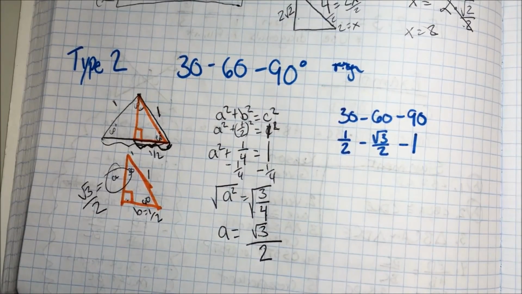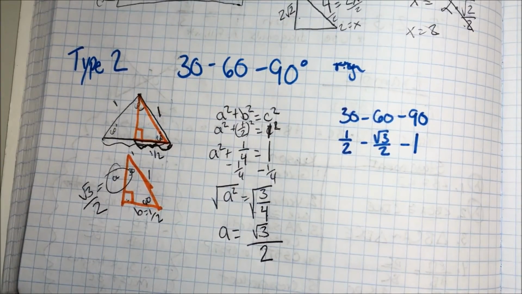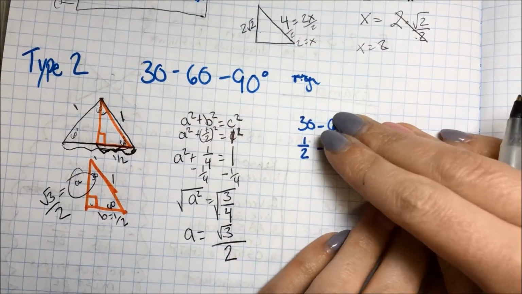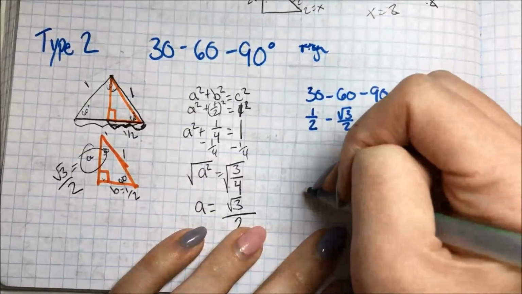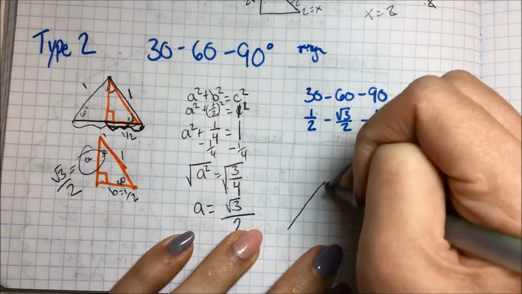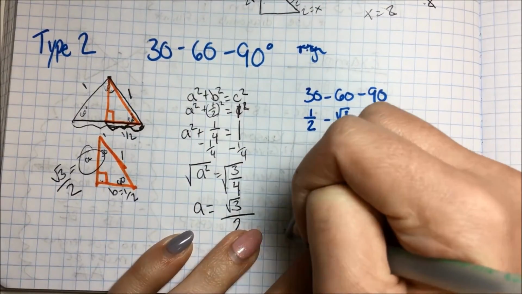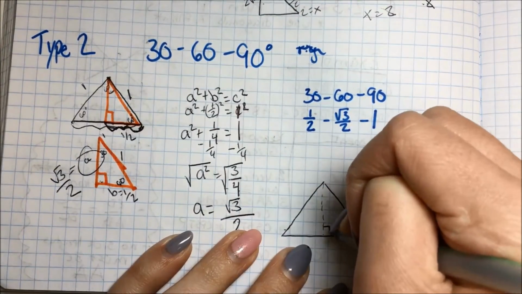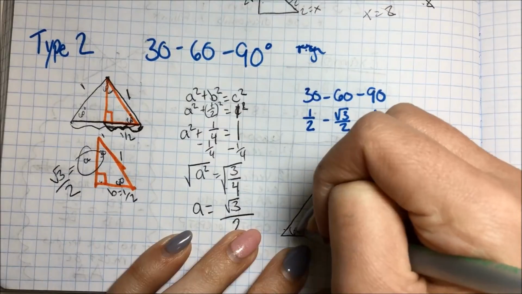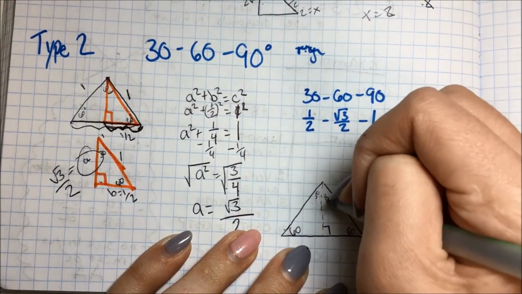Now again, fractions are not always our friends. So let's look at this in terms of a side length of 2. If I make an equilateral triangle, and this time it's going to have a side length of 2, I'm still going to drop that altitude, 60, 60, and this would be 30 and 30.